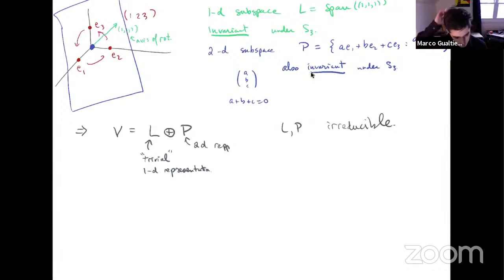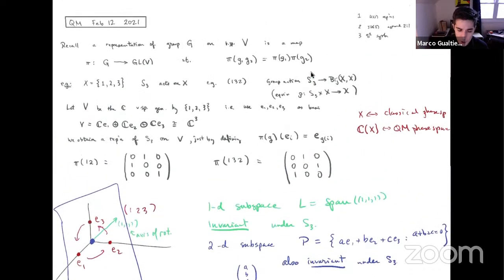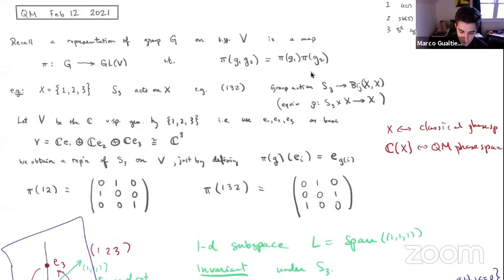Okay, now I want to change the interpretation of this a little bit. See, what I did here was I took linear combinations of my states.